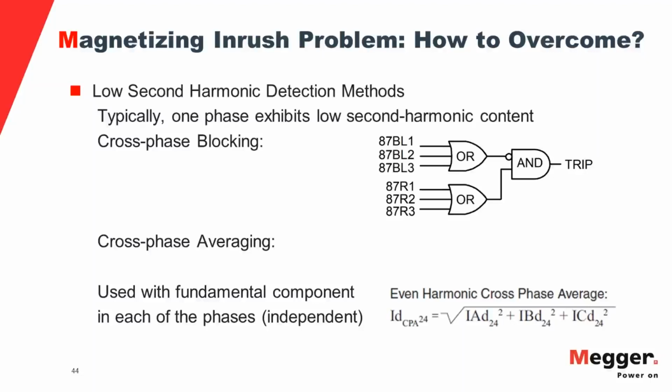That is basically their setting. So it's not just the second harmonic for one phase. You average for all the three phases and compare it against the fundamental. If it goes beyond the set number, it will declare restrained.